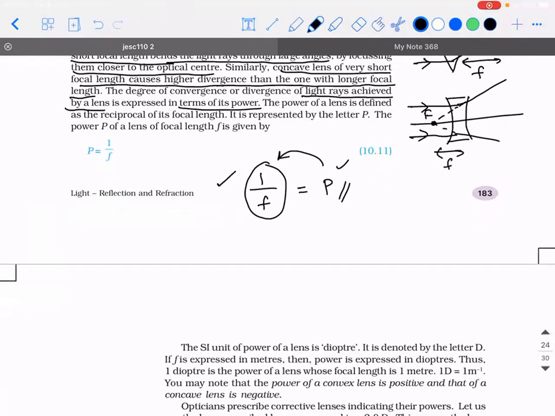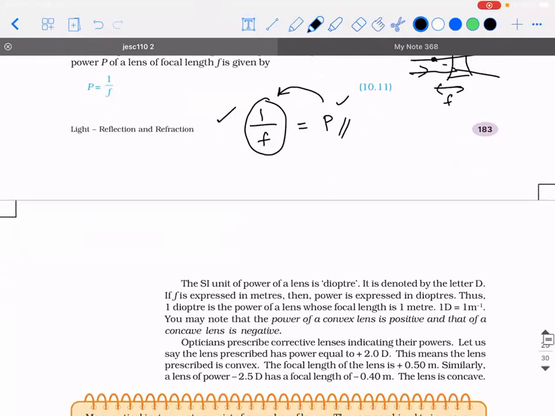Please note down, guys. Power is equal to 1 divided by F, where F is measured in meters.